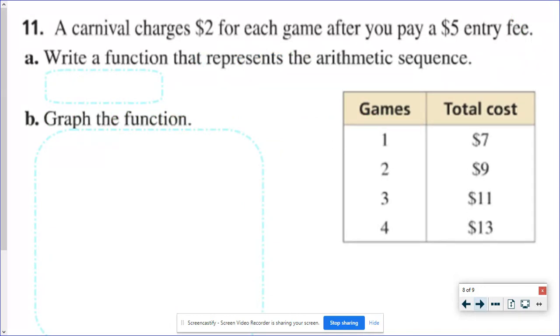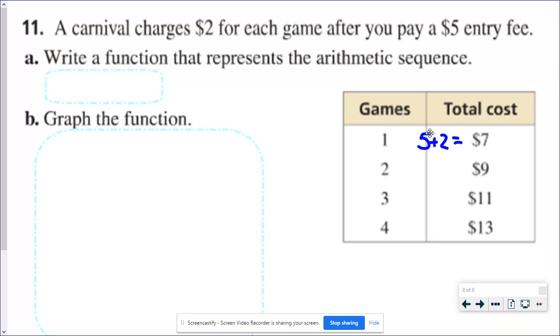You're not going to have any problems where you have to graph, but I want you to see how this stuff that we're doing relates back to slope-intercept form. So we've got a carnival that charges $2 for each game after you pay a $5 entry fee. So for the total cost, one game doesn't cost $7, but it costs $5 to get in, plus the $2 for the game is where we got that. So we're adding the $2 on to that cost for each one of them.